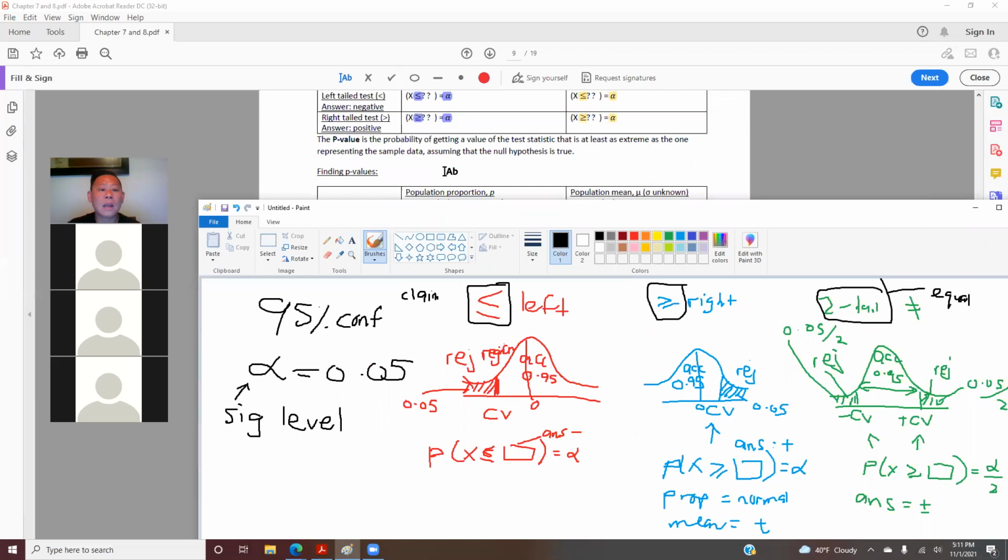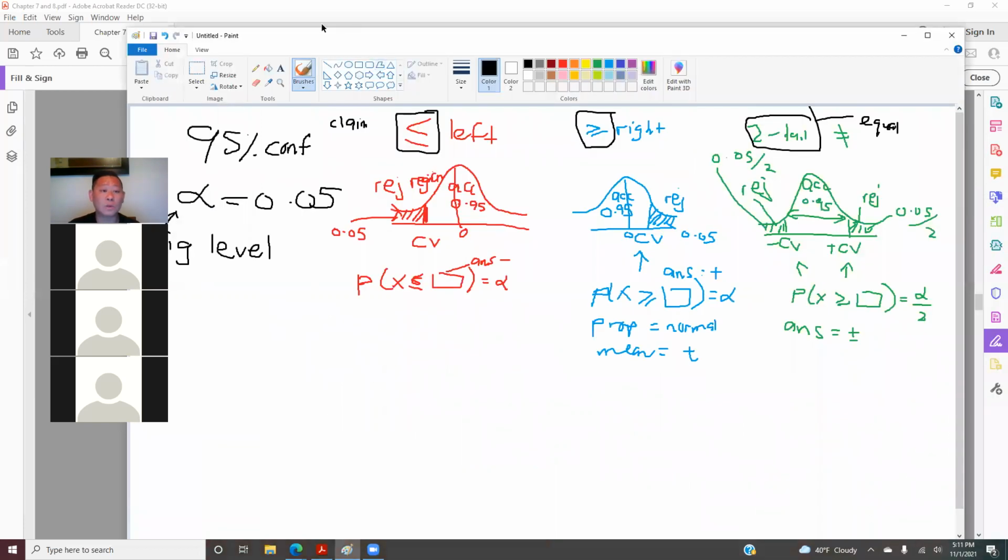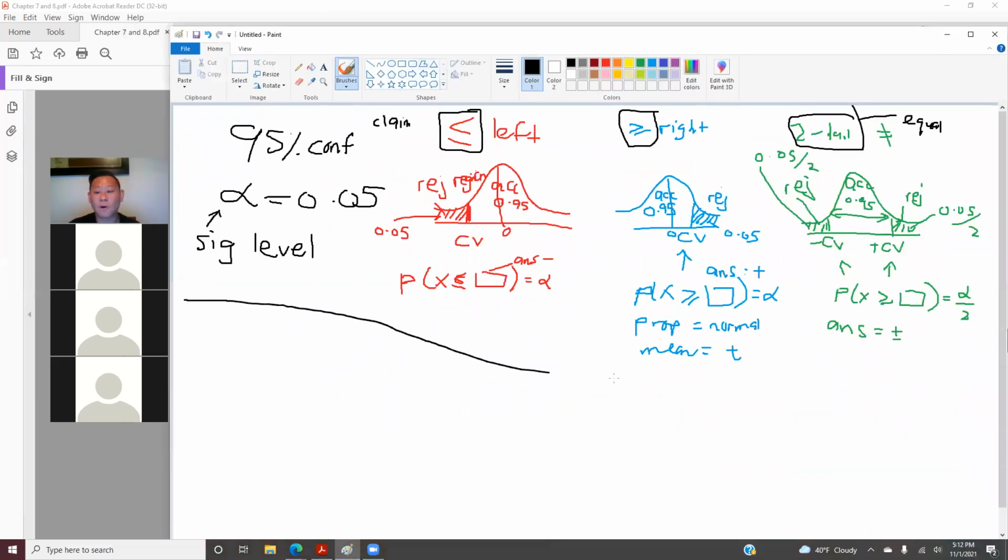Okay, so one way to do this is looking for the test statistic. If your test statistic falls inside this area, we are accepting it. But if your test statistic falls in the rejection region, then we will reject the null hypothesis. So the test statistic is to determine where the number falls relative to this cutoff value.